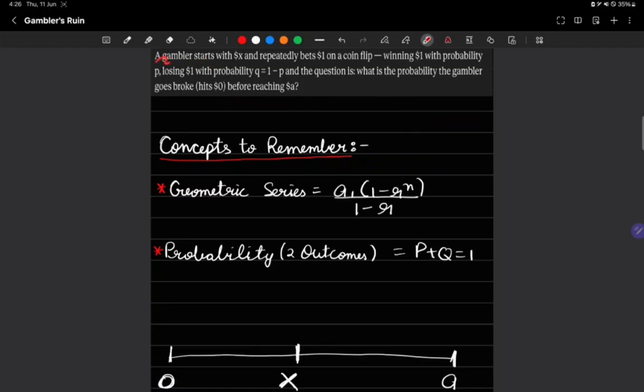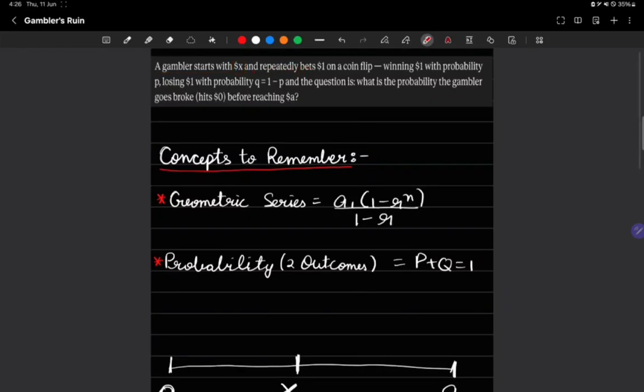Here we can see there's a gambler that starts with $X and then repeatedly bets $1 on a coin flip, winning $1 with the probability P, losing $1 with the probability Q, which is also 1 minus P. So here comes the question: what's the probability of the gambler going broke before it reaches $A?